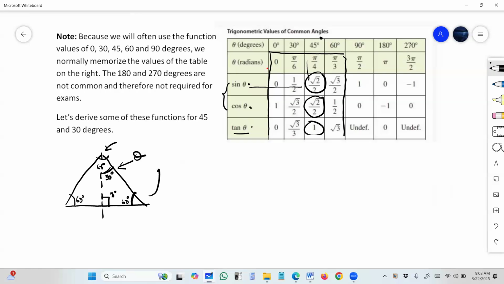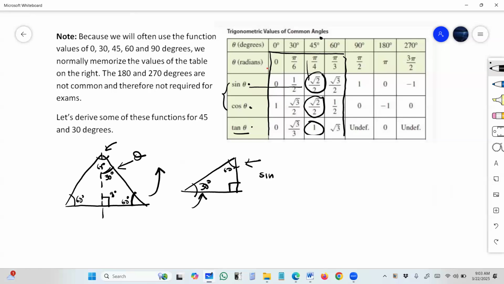So I'm going to flip the triangle this way for you to see. Here is my 30 degree, here's my 90 degree, and here's the 60. So this is the triangle that is going to help us find the functions of the 30 degree and 60. I'm only going to do the 30 for you to see because 60 is the same thing.